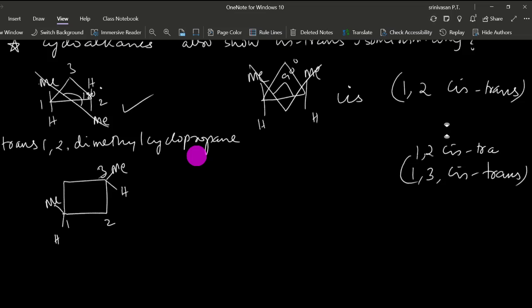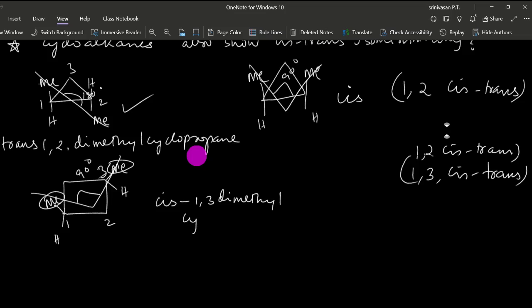In cyclobutane, if you look at this, both methyl group and methyl group are on top. So if they are on top, this is 90 degree. So this will be the cis isomer. Then 1 3 dimethyl cyclobutane is cis.